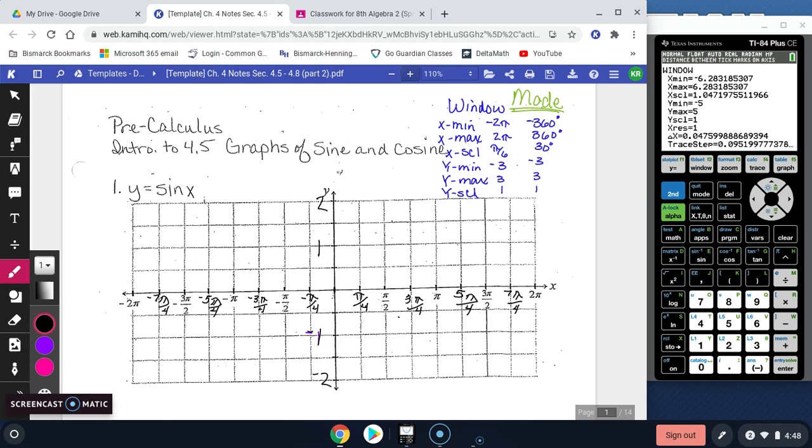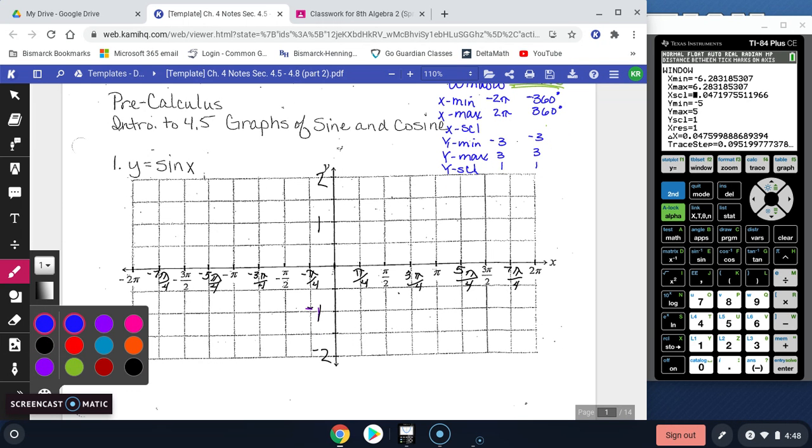So if I want to use that as my scale, let me change this. We'll go pi over 4 so that it matches my graph.